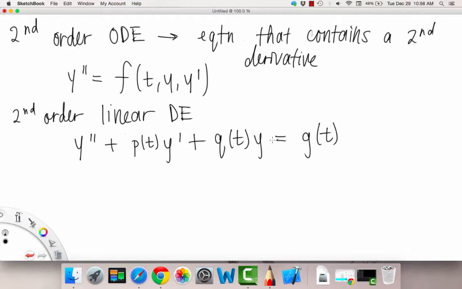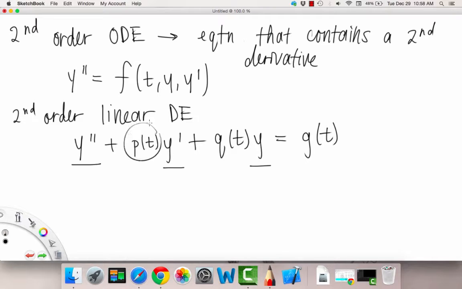It is second order because we have the second derivative here, right? And it's linear because the y double prime, the y prime, and the y are all in terms of their own. We don't have y prime times y double prime in any single term, right? They're all separated by plus signs, or minus signs in this case.